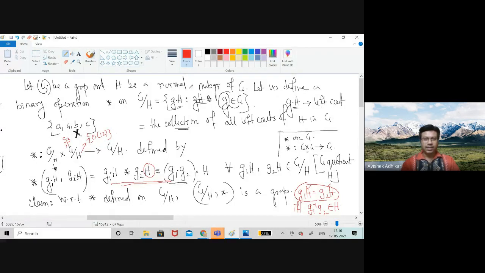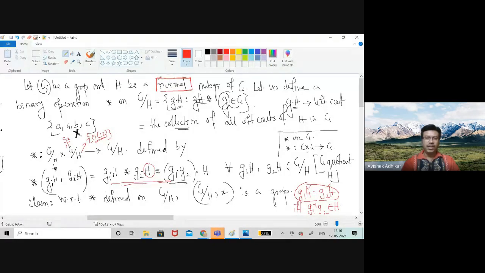But here note that I consider a normal subgroup. That is very, very important. This well definedness will always be there if you consider H to be a normal subgroup. Note that E12 was not a normal subgroup.